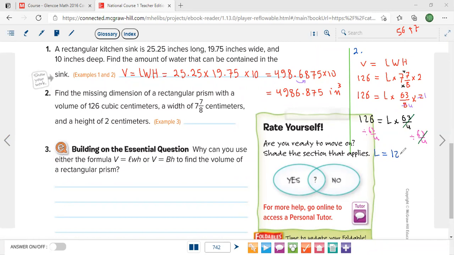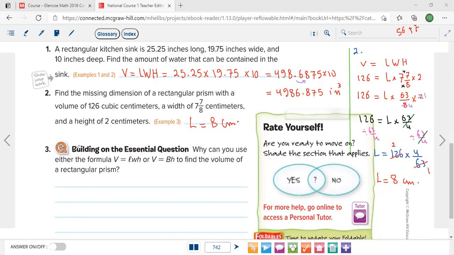And 126 division will be multiplication. 63 over 4 will be 4 over 63. Now we can use cancellation again, because divide by 63 will give you 1, divide by 63 will give you 2. Finally, L equals 2 times 4, which is 8 centimeter. So L equals 8 centimeter.